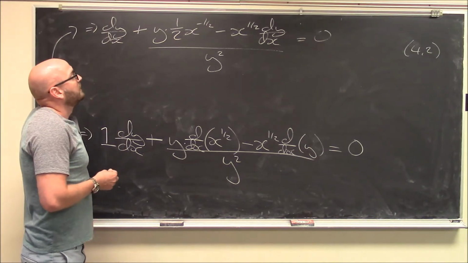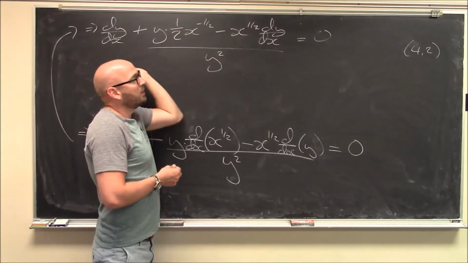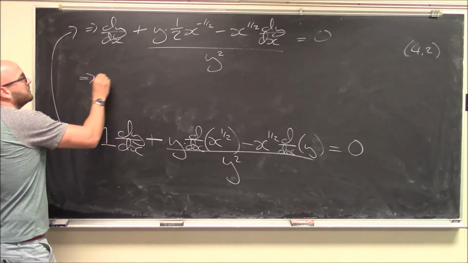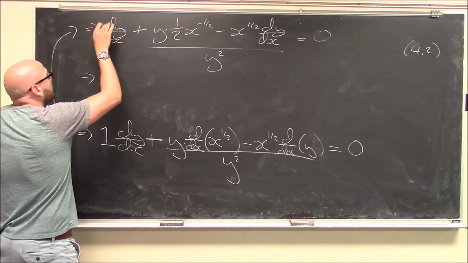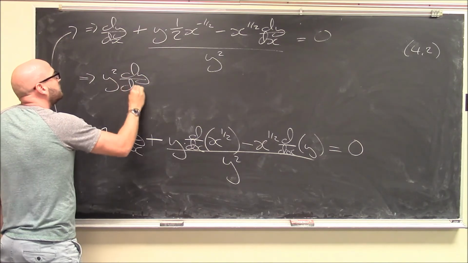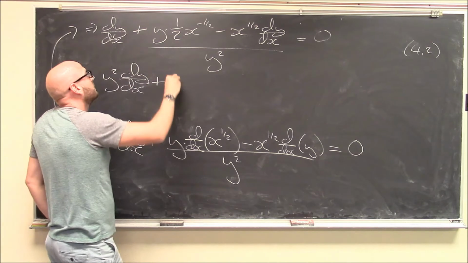The way I'm going to proceed is I'm just going to clear both sides of fractions. So this denominator over here, let's multiply both sides by y squared to get rid of it. Multiply this term by y squared, dy over dx. And then this whole thing gets multiplied by y squared, so the bottom goes away.